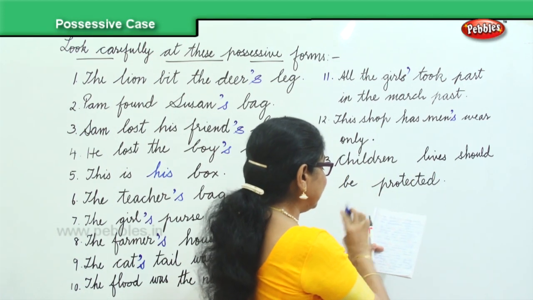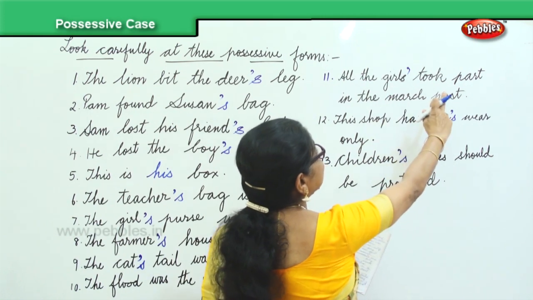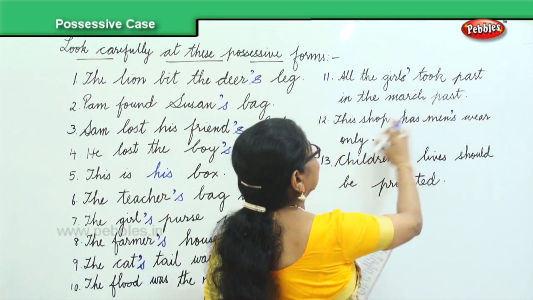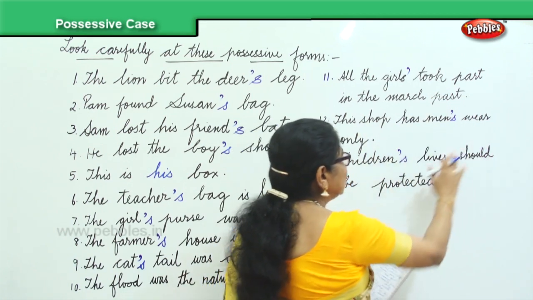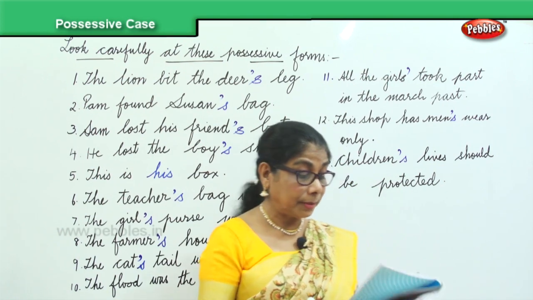The children's lives, apostrophe S. Girls took part, all the girls. Shop has men's wear only. Children's lives, all the children's lives. Next.